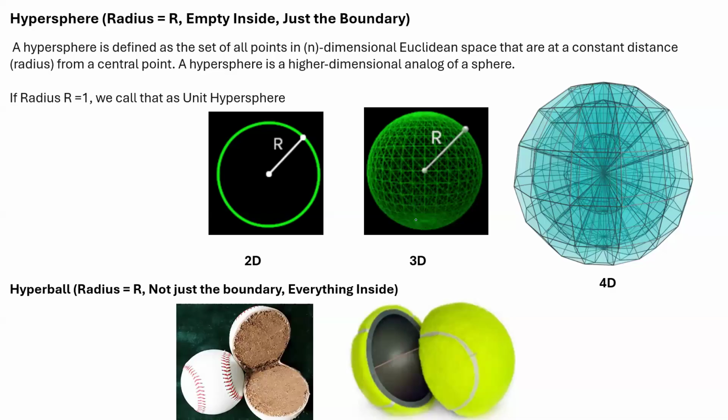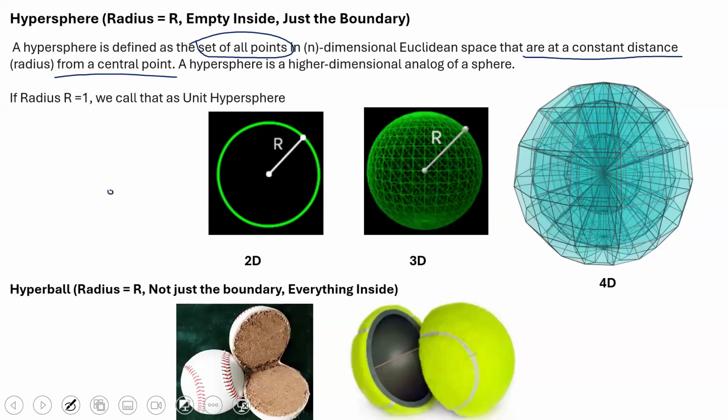So now let's understand the first statement. A hypersphere is defined as a set of points. What is this set of points? These points are at constant distance from the center point.